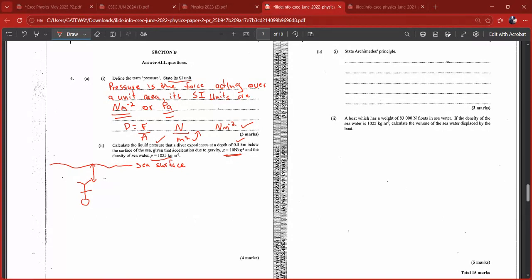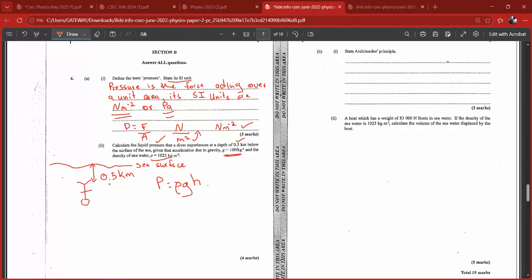So the depth would be like 0.5 kilometers, right? And we know that pressure in liquids is density by gravity by height or by depth.